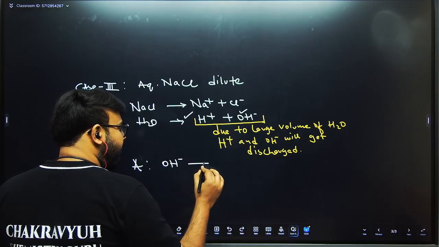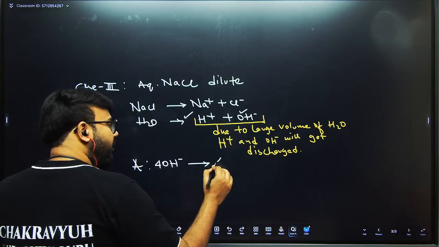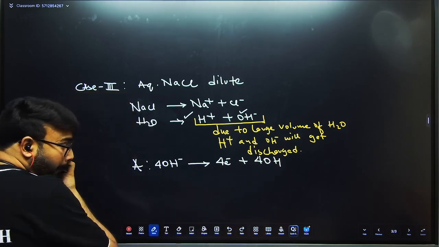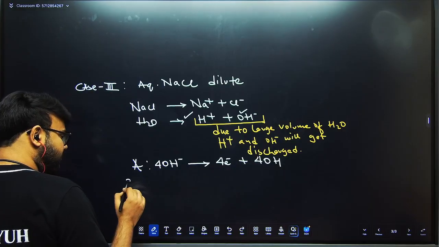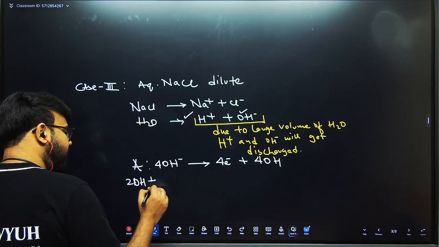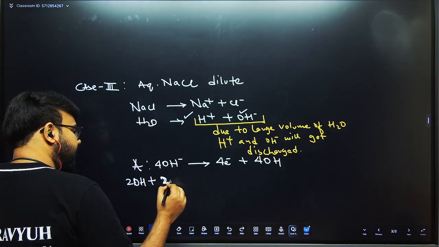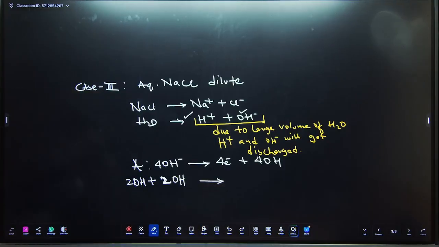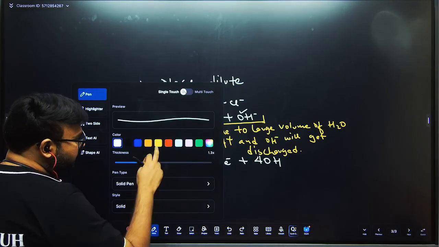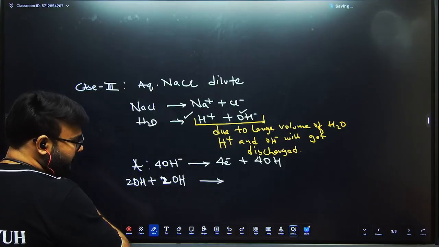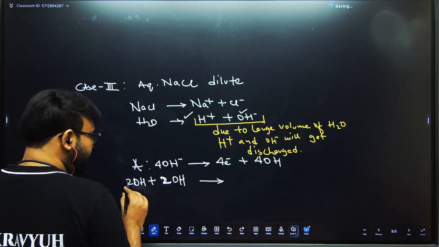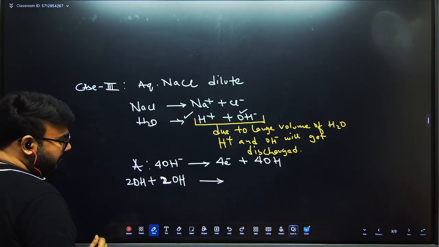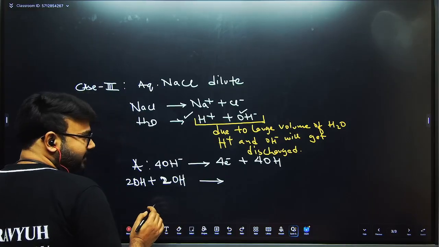4 OH minus ions will lose 4 electrons to form 4 OH. Now tell me, can I write this 4 OH like this, 2H plus 2H? Yes or no? Now 2 moles of this.